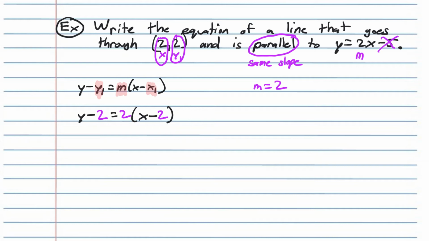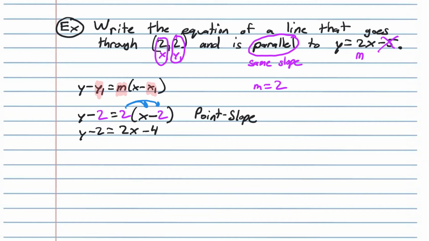So that's point slope form, but let's go a little bit further so we can get slope intercept form. Most of the time, they do want you to go to slope intercept. So let's multiply this out. y minus 2, multiplied out: 2 times x is 2x, 2 times -2 is -4.